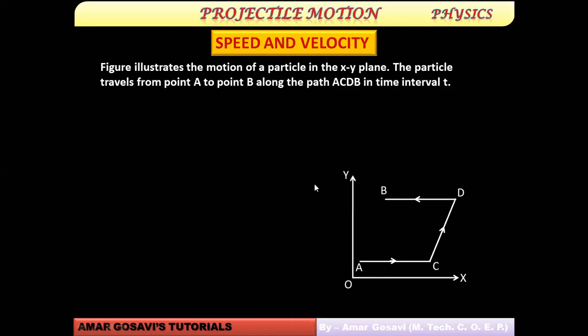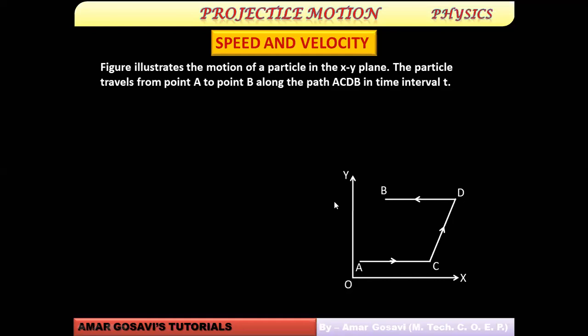Now, when we talk about this, there is a difference between distance and displacement. If it is asked to calculate distance, then you will calculate all these lengths: length AC, plus length CD, plus DB. So this would have been the distance.